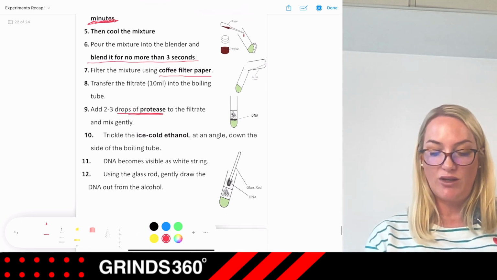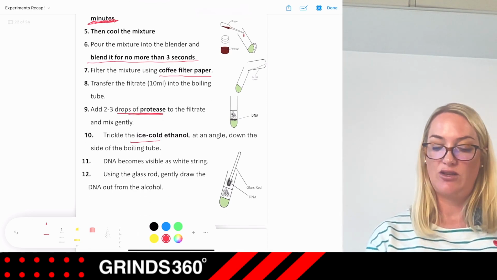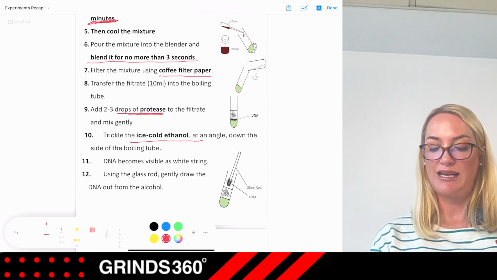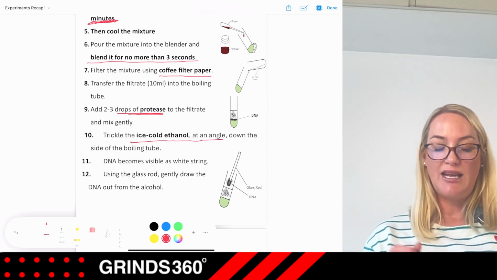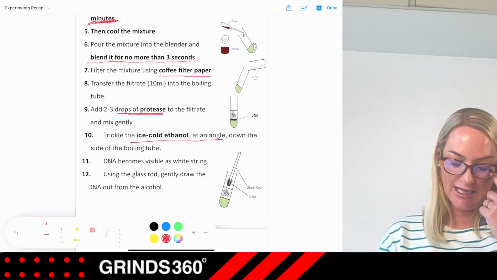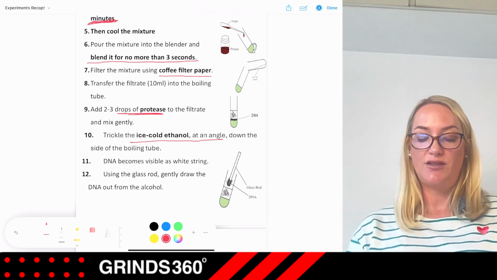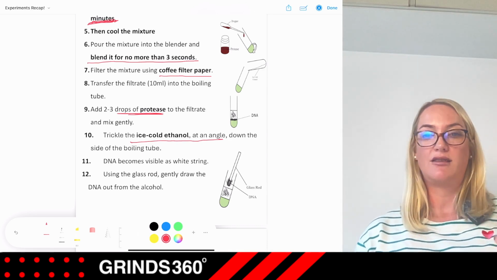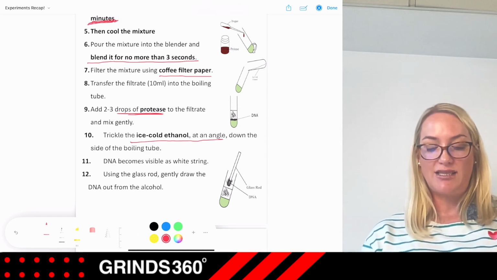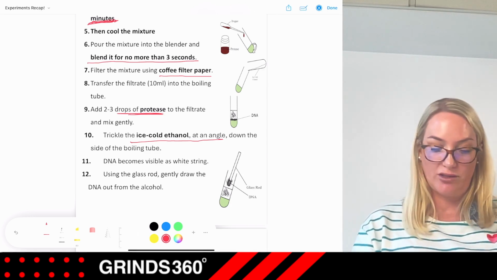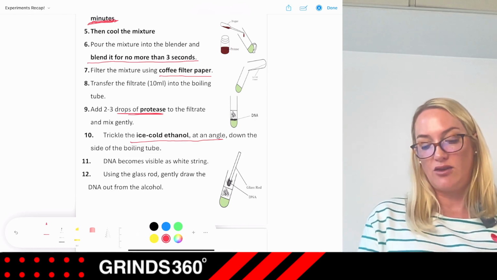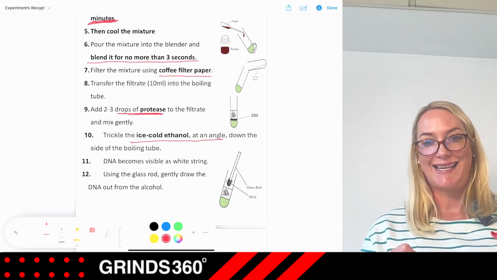And very slowly down the side, you're going to add ice cold ethanol at an angle down the side of the boiling tube. Now, again this summer, if a student mentioned ice cold ethanol, they did not get the mark. They had to have referenced that it was poured slowly or trickled down the side of the test tube at an angle.